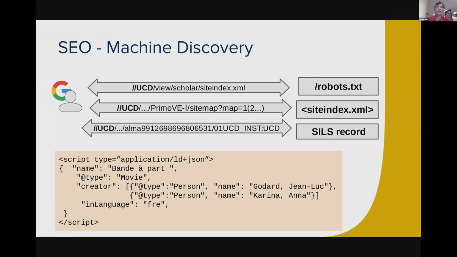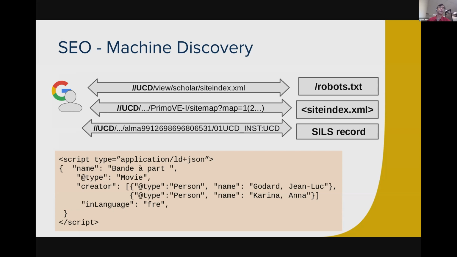And the way it actually works in the back is it's a little bit of a dance. So on the left-hand side, you have Google or any other search engine that's interested in it. And the first thing that you do is you go to a robots.txt file, which is a standard file that exists on all the Primo instances, and on most websites as well. And you can look in there for an indicator that a site index exists. And then if you find that site index, you go and collect that index as well.